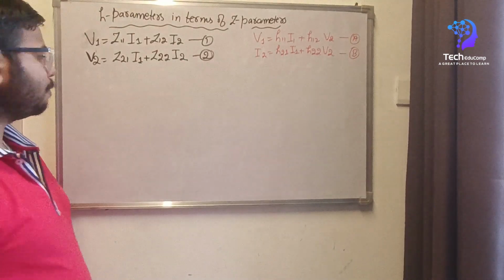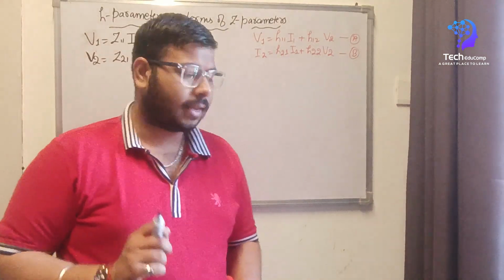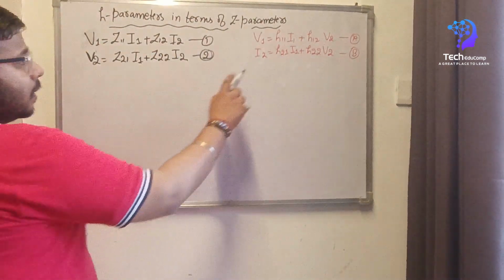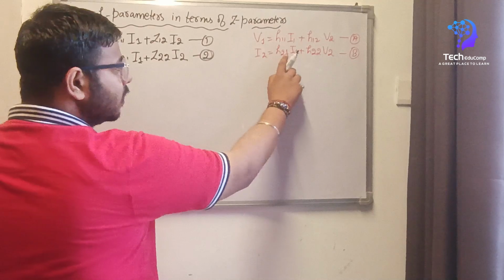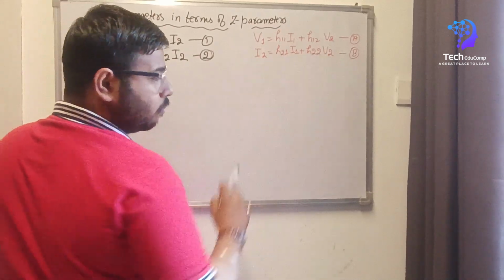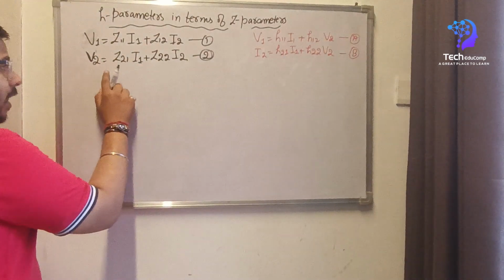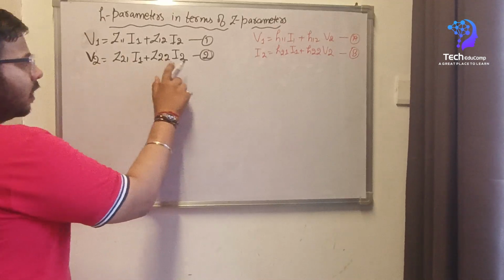Let's see that. This B equation is written in the form of I1 and V2, but in the second equation of the Z parameters, it is written as I1 and I2.